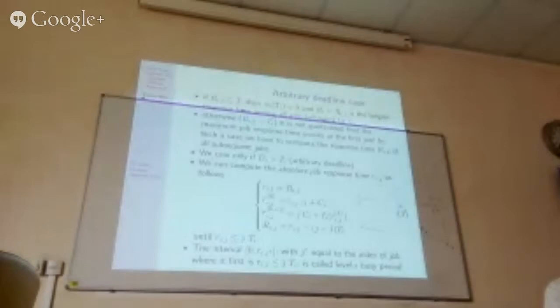It doesn't go to infinity. I don't know if I answered your question. I think what he's asking is, do you have to check an infinite number of jobs? No, I think you just say that probably the task set is not schedulable, and you are interested in computing the response time.